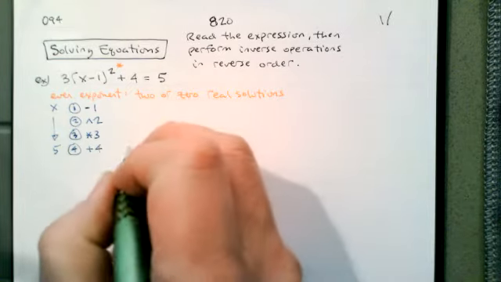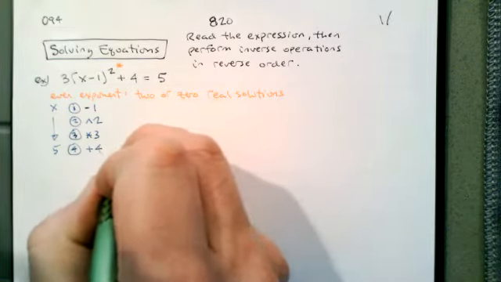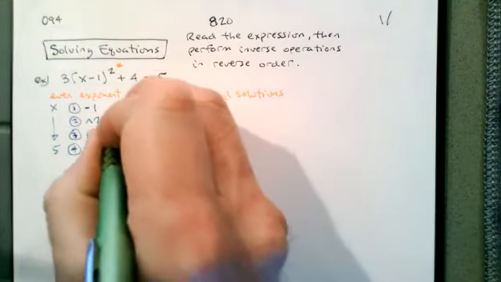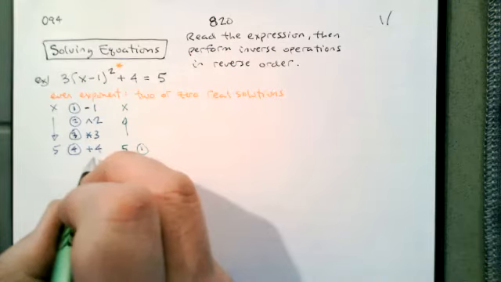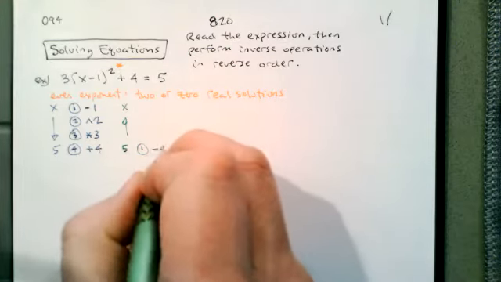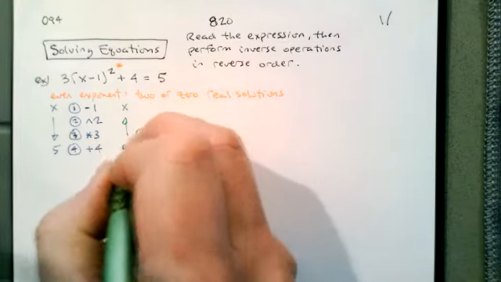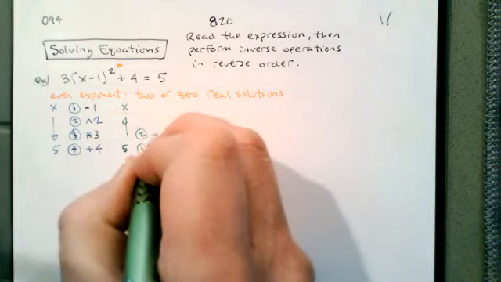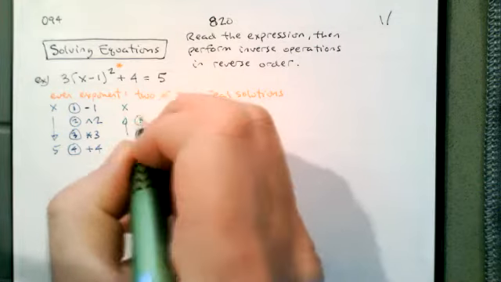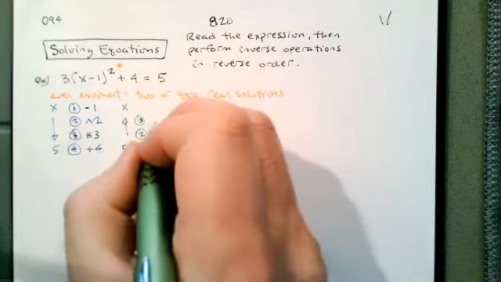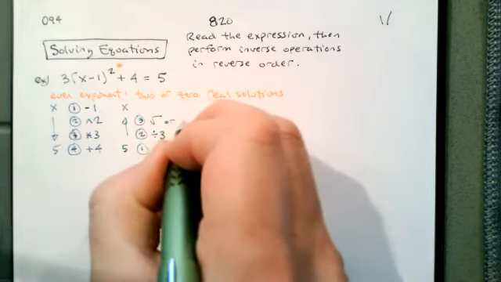So we want to turn a 5 back into an x. First we'll invert plus 4 with the minus 4. Second, we'll invert multiplying by 3 with dividing by 3. Third, we'll do the inverse of a square, which is a square root, or a 1/2 power.